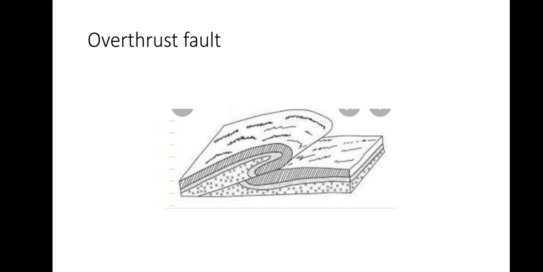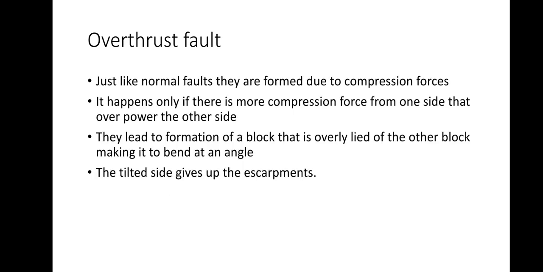When the compression force is too much, it curves and forms what we've seen here, at an angle. So they lead to the formation of a block that is overlaid on the other block, making it bend at an angle. That is the main concept you have to understand here.